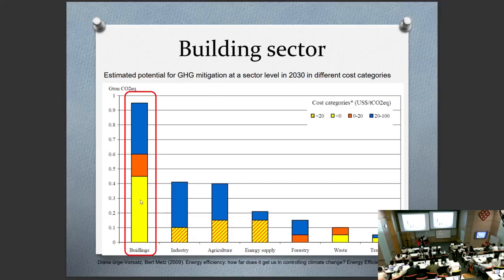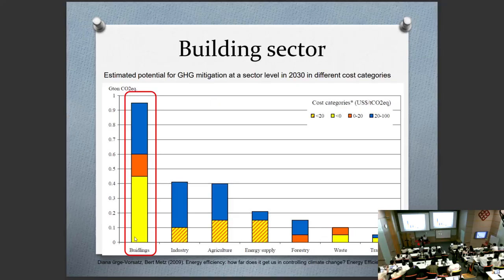Yellow color stands for less than 0. It means that we can actually save money, even earn money, by introducing some strategies for reducing carbon dioxide emissions, like energy efficient appliances. You can save your utility bills and at the same time reduce the carbon dioxide emissions.